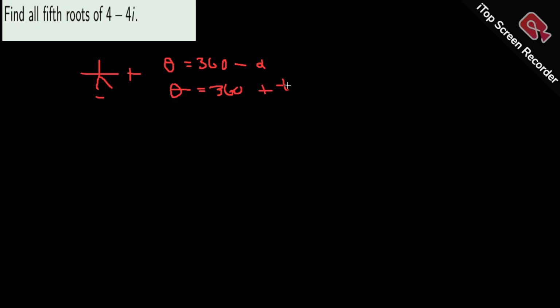That is tan inverse, then this divided by this, you get 1. So this side is just going to be 360 minus 45. And that's going to give us what? 315.